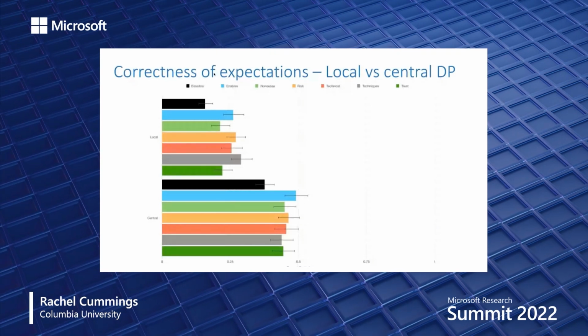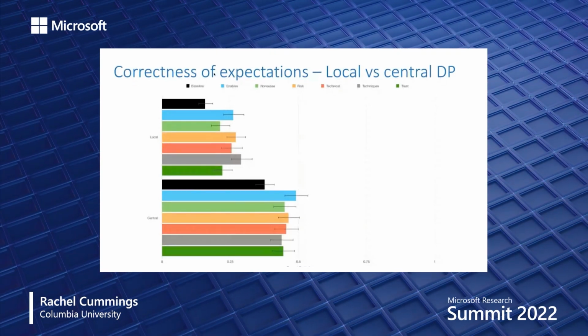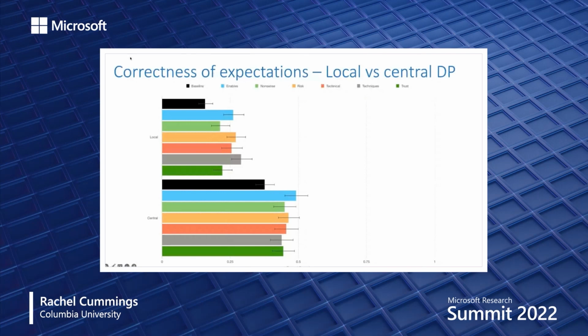And so now if we compare users' expectations to the ground truth, we see this. On the top we have things under the local model, under our 7 different privacy conditions, which is our 6, plus a baseline. And on the bottom we have the same thing in the central model.